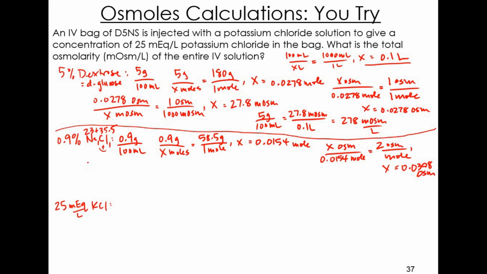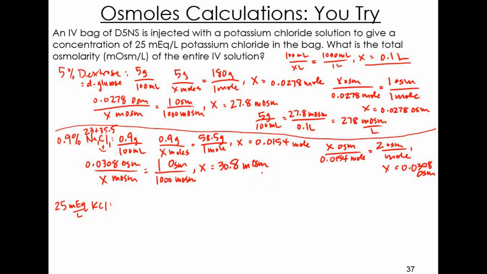Okay. And then 0.0308 osmoles is how many milliosmoles? And there's a 1:1000 relationship between milli and the base unit. So that gives us 30.8 milliosmoles.